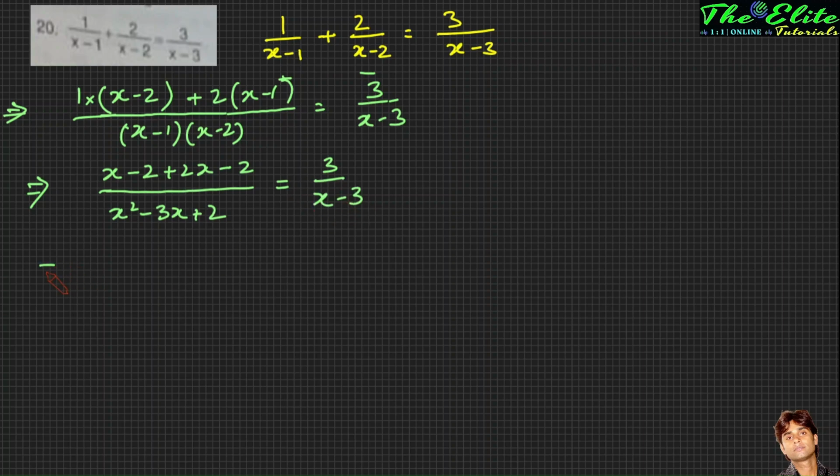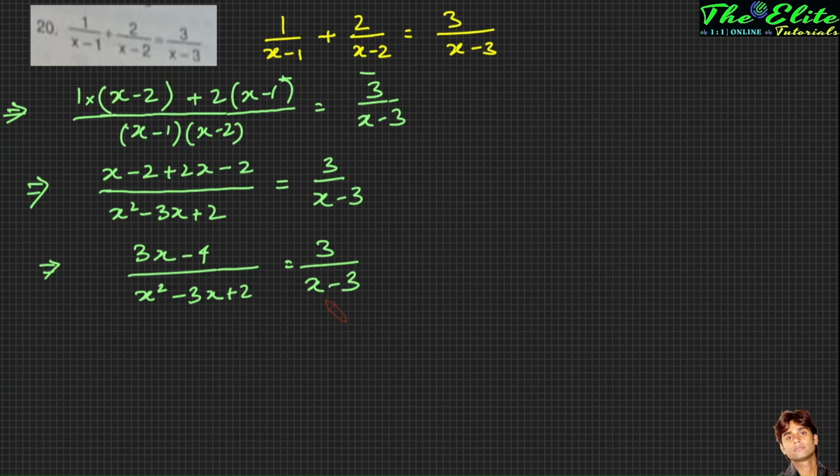Slowly and gradually we will move forward, being very patient. It is going to be 3x minus 4 upon x square minus 3x plus 2, and here again it will be 3 over x minus 3.